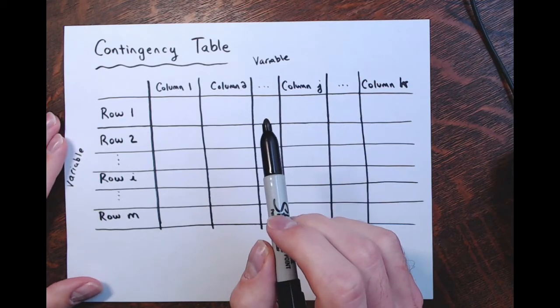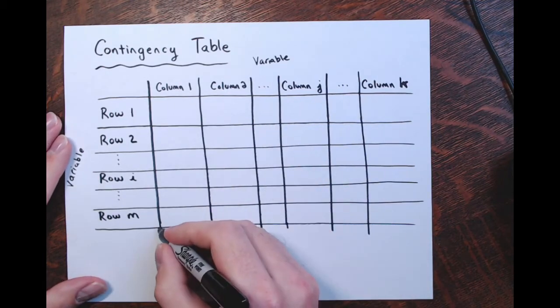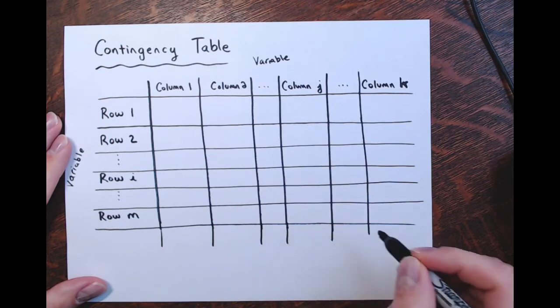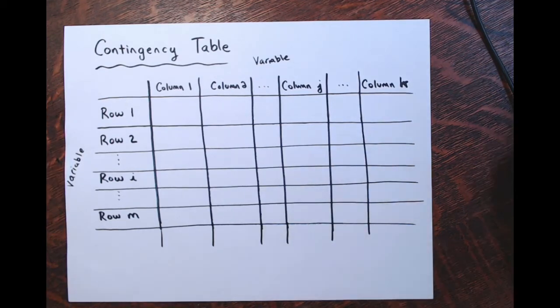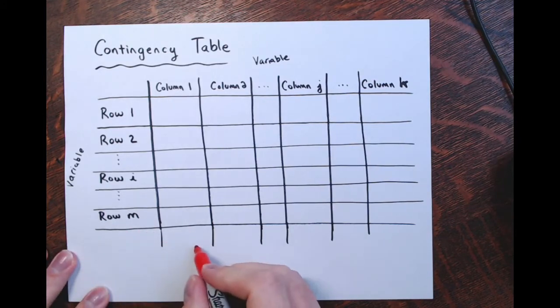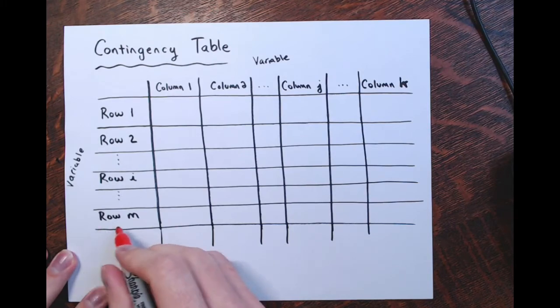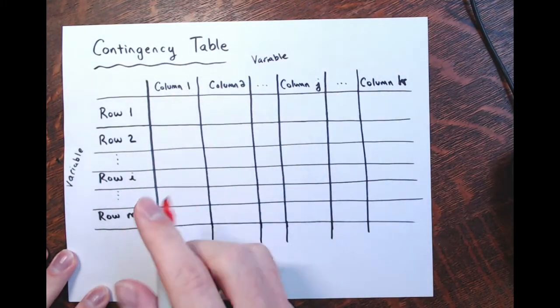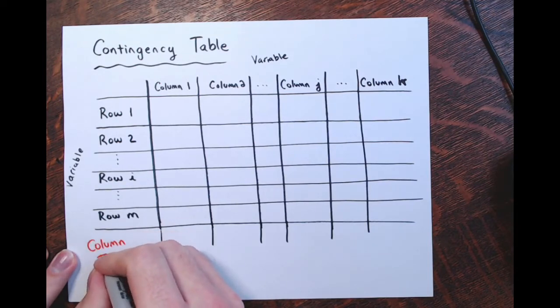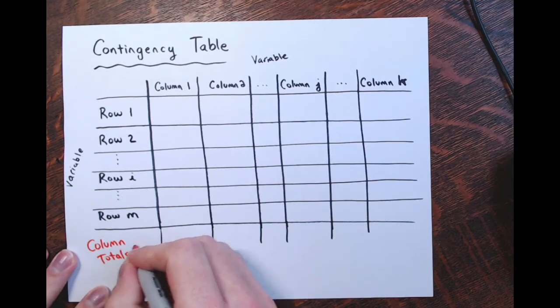For most of our contingency tables, we extend these, where the main data is in these m rows and k columns, and then we have our column totals down this row.